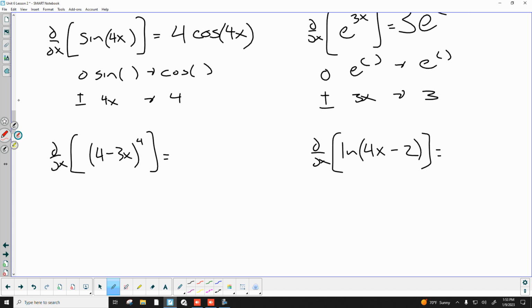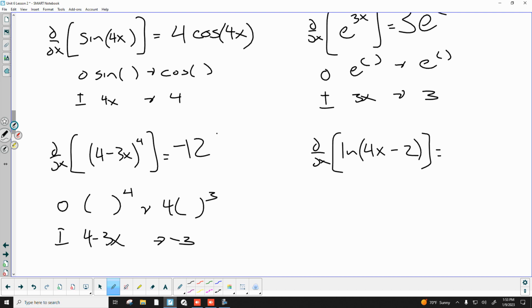Make sure we do the last two. Make sure we do this last one as well. All right. So derivative of the outside, derivative of the inside, multiply them together, you get that.